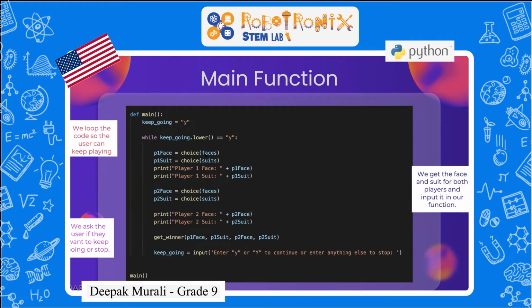Here we're setting our faces list as the parameter, so it chooses from the list. And we're doing that for player two as well. And basically, we put the face and the suit for both players through the get winner function, and it will return the winner. And we ask the user if they want to keep going or they want to stop.